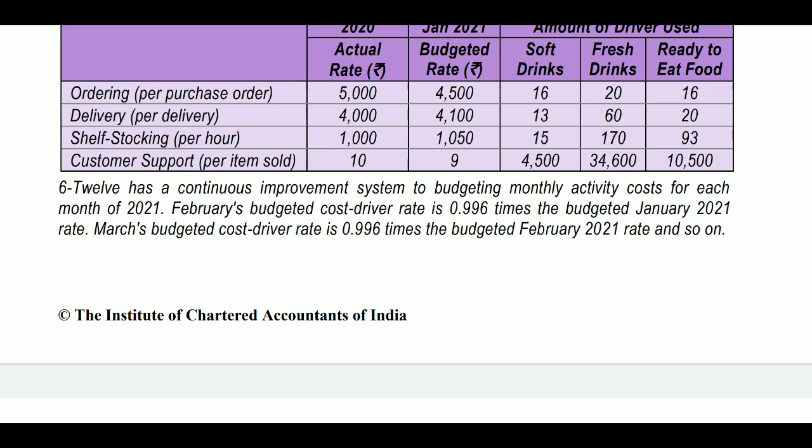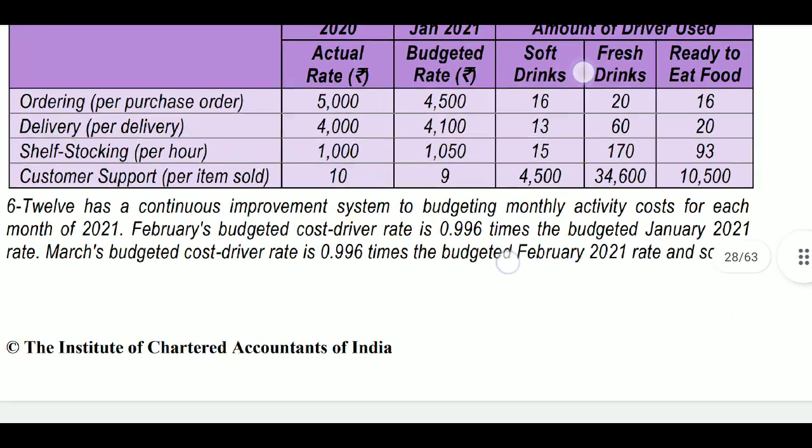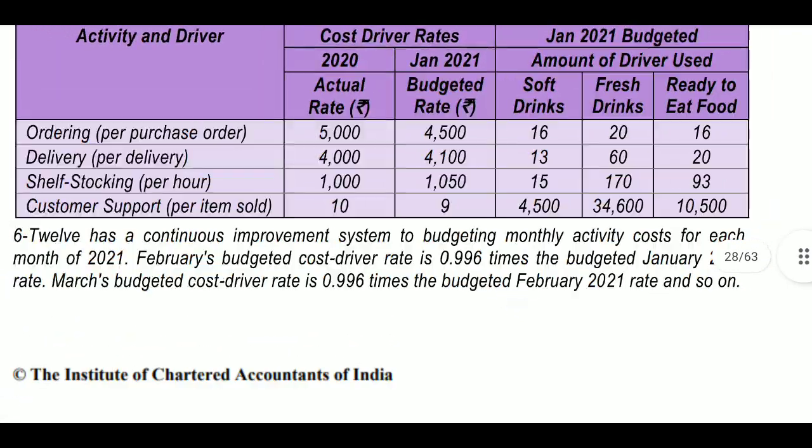So what do we do? We will get 4500 into 0.996, which means we will get the February rates, and for whatever amount we get for February rates, we will multiply by 0.996 and we will get the March month rate.